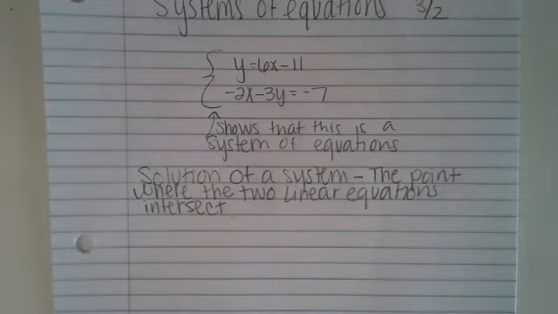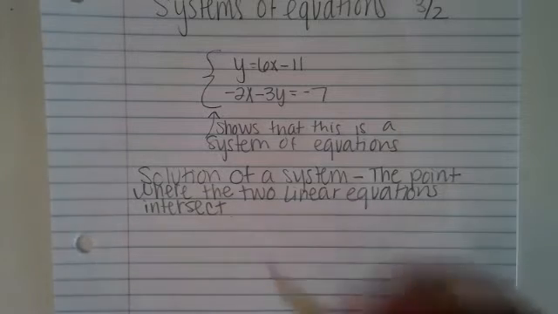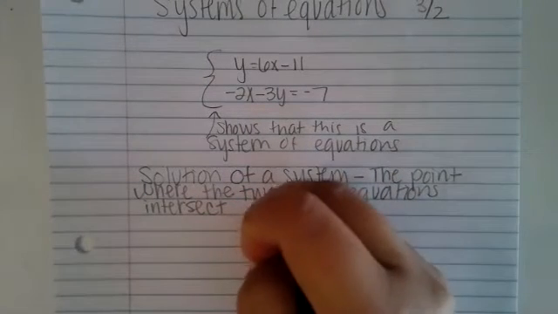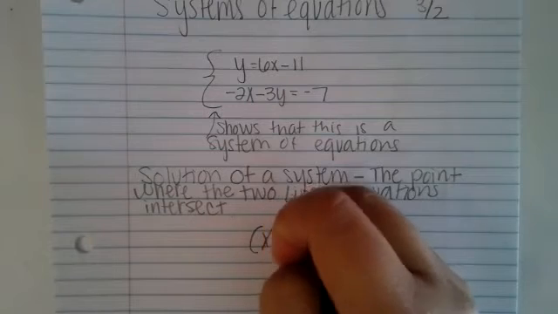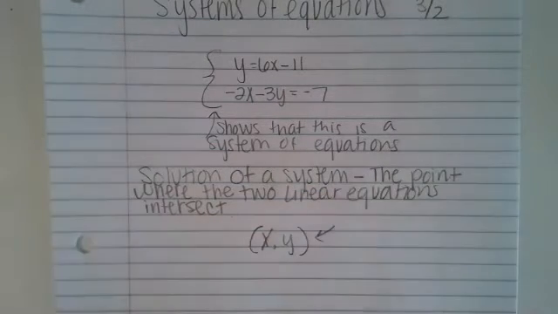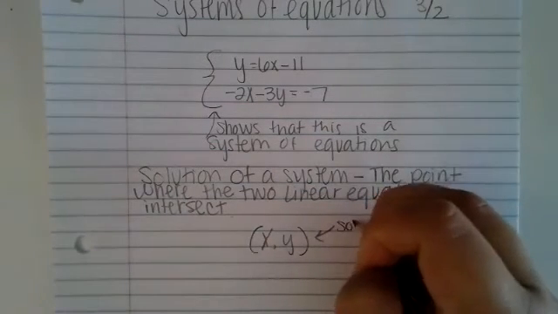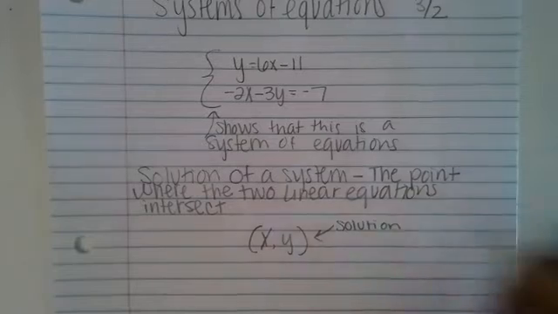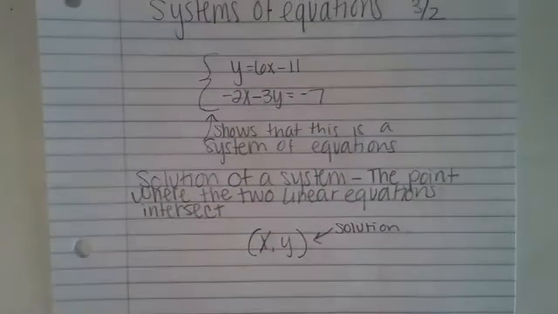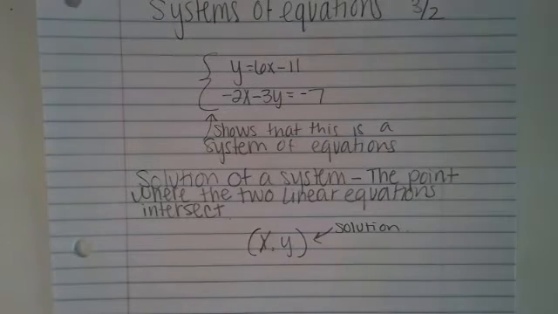So if I have two lines on a graph that are intersecting, that means that they are crossing at one point, which means that my solution needs to be represented as an ordered pair. So the solution to any system is going to be represented as an ordered pair, which looks like this.